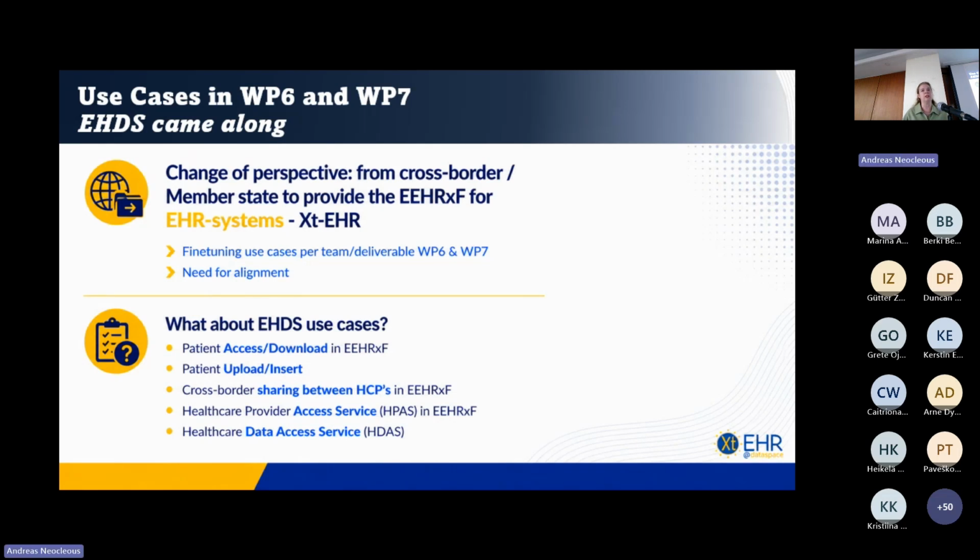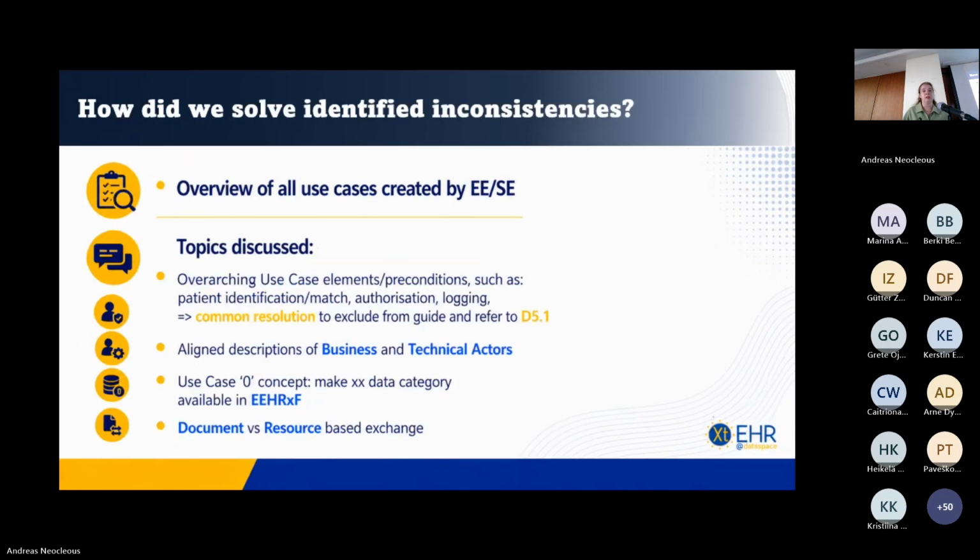Also when you read the EHDS, you can derive some new use cases, in fact, also described in there. And we also had to take those into account. So what we did, firstly started an overview, and this was created by Sweden and Estonia, to list all the use cases that were already there in the different work packages.